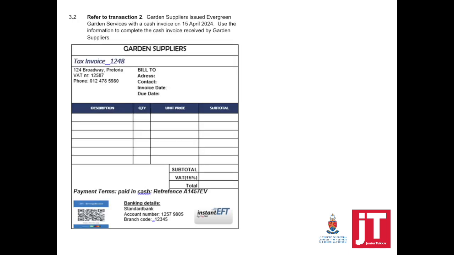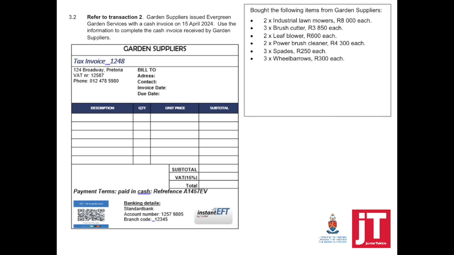The next question asks of you, refer now to transaction number 2. Reminder, this is now from their perspective. We've purchased all of these items from Garden Suppliers, and that is called our equipment. And they would have issued us with a cash invoice that lists all the items that was purchased and what is the total amount that we paid them.